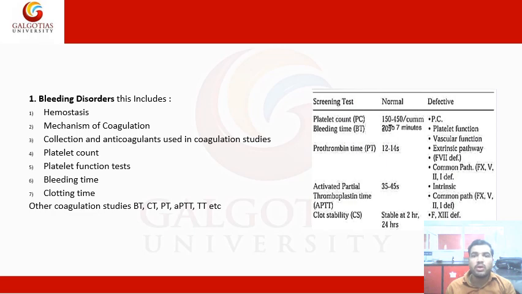APTT is activated partial thromboplastin time. We need to know the specific values, so that we can say whether they are normal or abnormal in range.